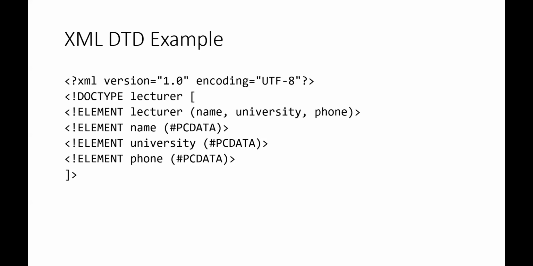In the first one, it shows that we have lecturer, that is the root, and the root can contain three elements. The three children are name, university, and phone, and here we have defined what elements are there.